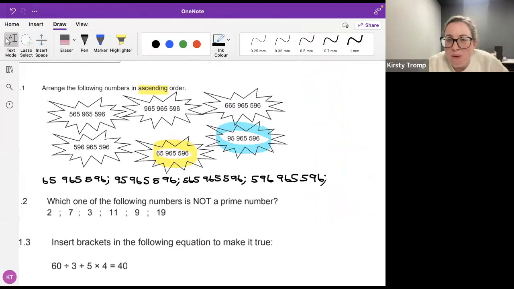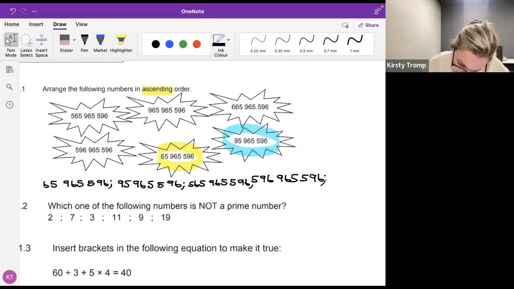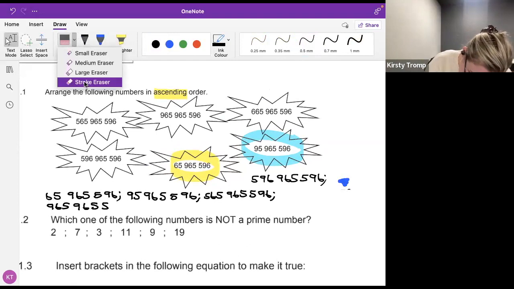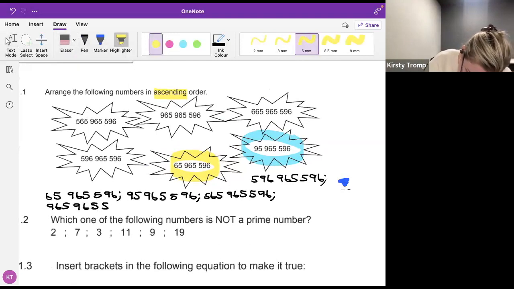All right, Dimple, do you want to give me the next one? Yes, ma'am. Okay, what's the next one, Dimple? The next one is 565,596,596. Good. Oh, sorry, I'm writing the wrong one, Dimple. Look at me, I'm doing the wrong thing. Oh, and now my pen doesn't want to rub off.